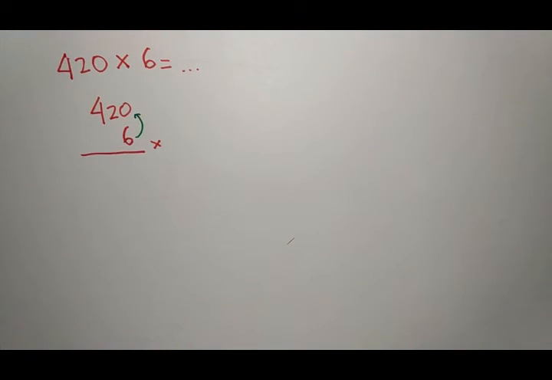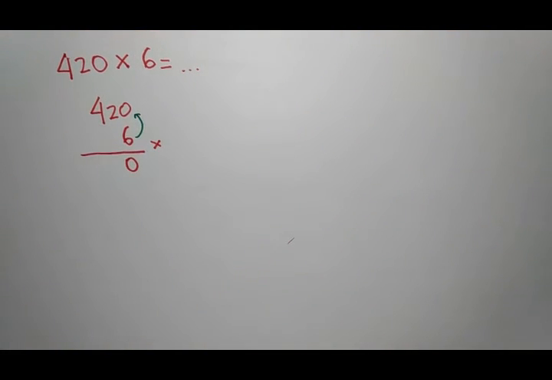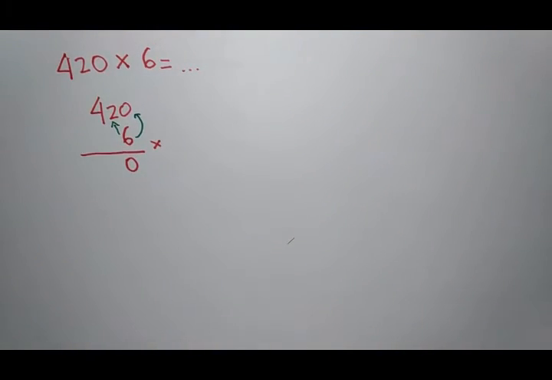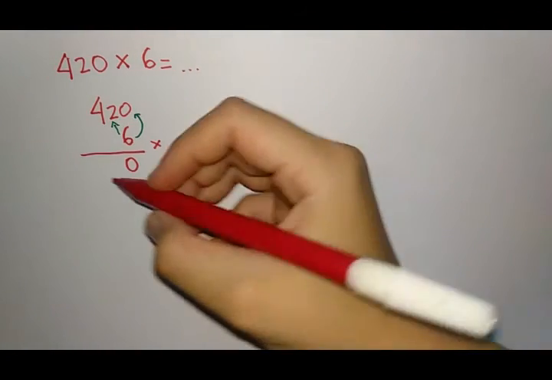So 6 times 0 equals 0. Every number times 0, always the result is 0. And the second step, multiply 6 by 2. 6 times 2 equals 12.